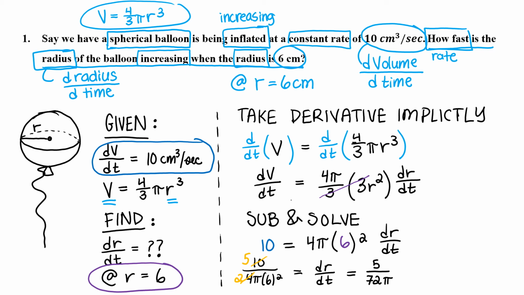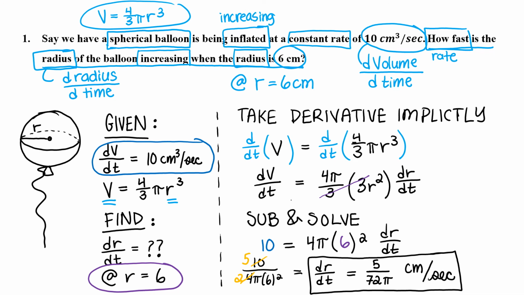Since our spherical balloon is measured in cubic centimeters, that means the radius will be measured in just centimeters. And then time is measured in seconds. So the rate of change, how fast the radius of the balloon is increasing when the radius is 6, is 5 over 72 pi centimeters per second.